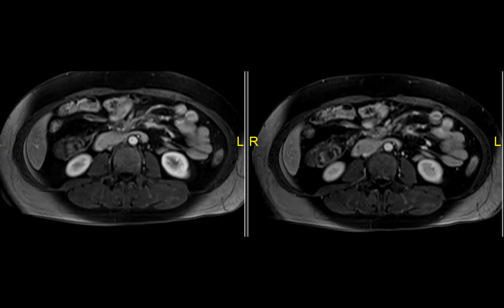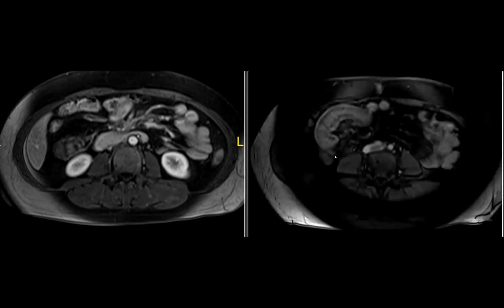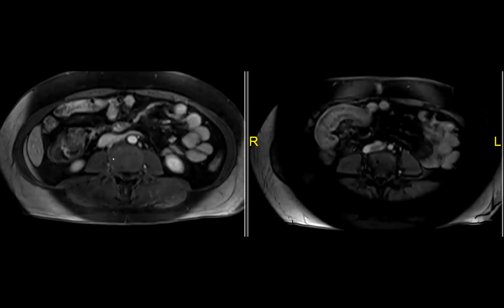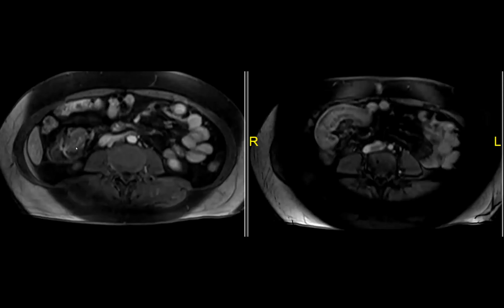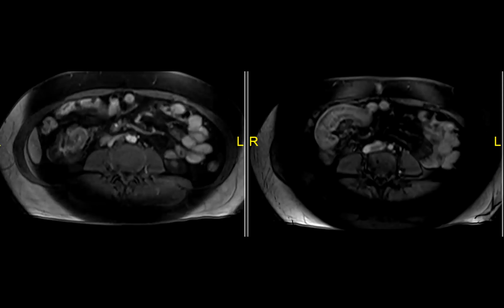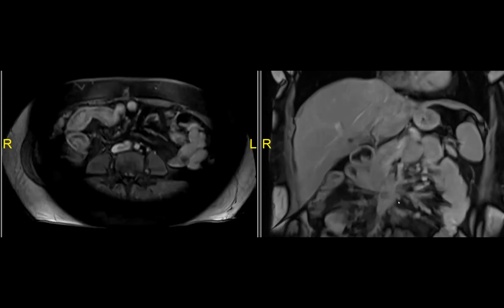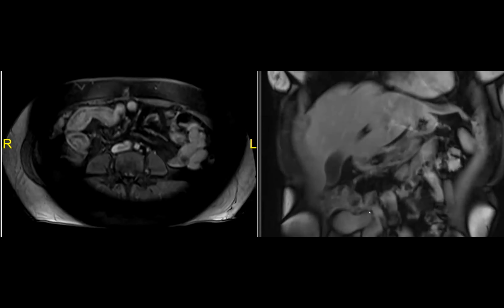And another thing, and this is a difficult call prospectively, but this TI is enhancing. I think there was a coronal. Okay, here we go. Here's the coronal. You can see that this mass is very spiculated, right?